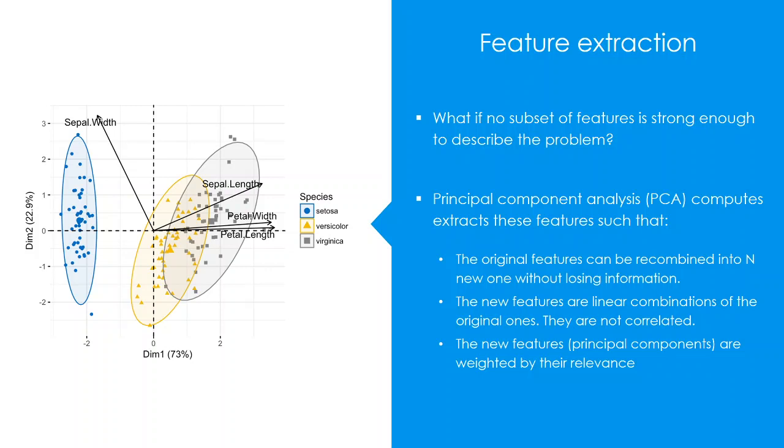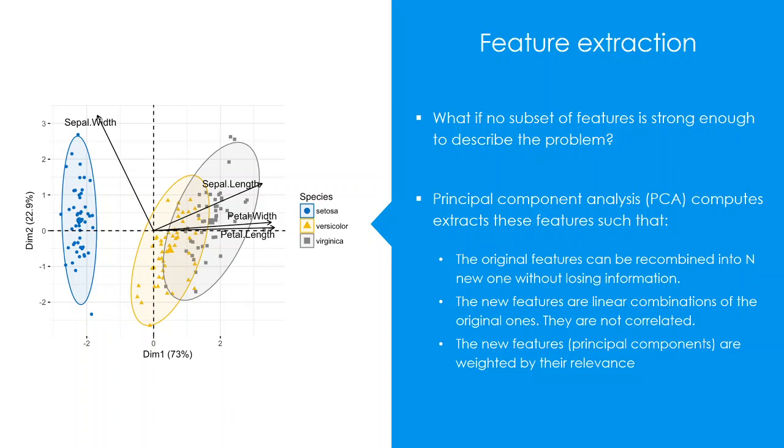Okay, the first one, for example, is that the original features can be recombined into new ones. Please notice that there is a typo here. It should be new ones because we can build more than one feature. So those are a type of artificial features because they are not the original ones, but a combination of the original ones. Okay. The second characteristic here is that the new features are linear combinations of the original ones.